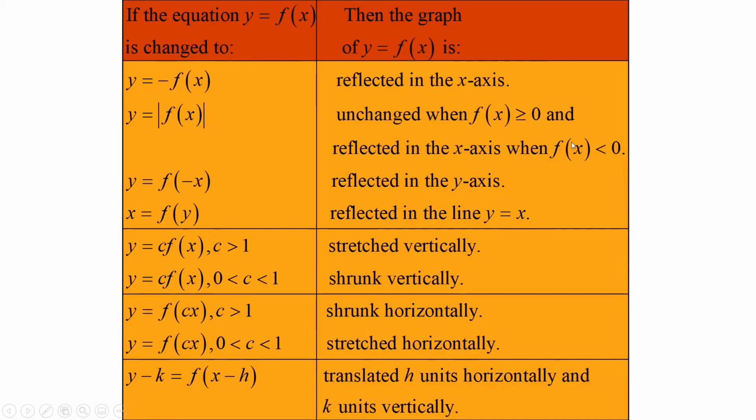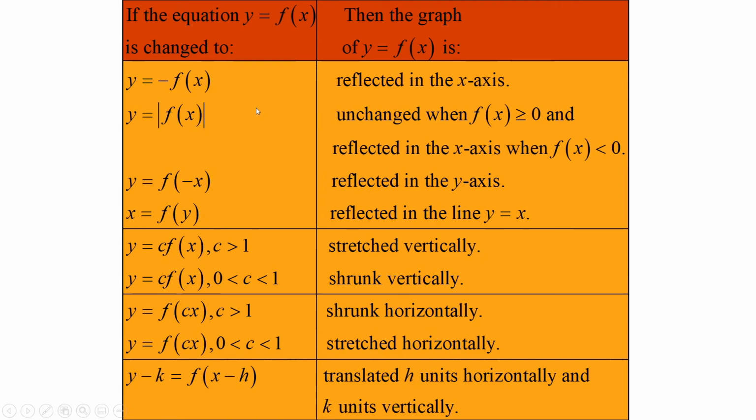And let's put our V function with that vertex right there. Beautiful. Okay, now this slide right here gives you everything we have talked about in this lesson on one slide. If the equation y equals f of x is changed to y equals the opposite of f of x, well, that's a reflection in the x-axis. How about y equals the absolute value of f of x?